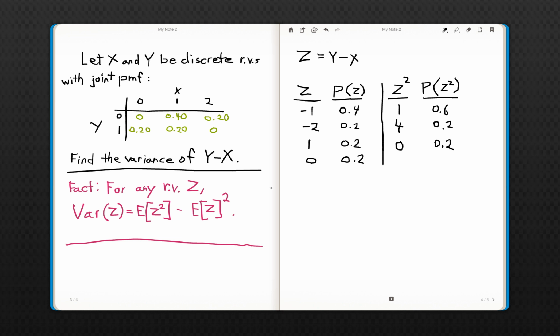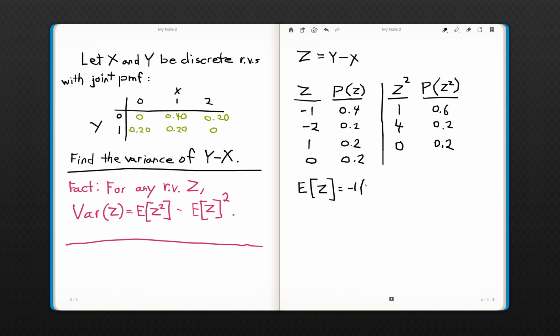Now we apply the formula. Let's do the expected value of Z first. It's the standard formula: take each value times its associated probability.